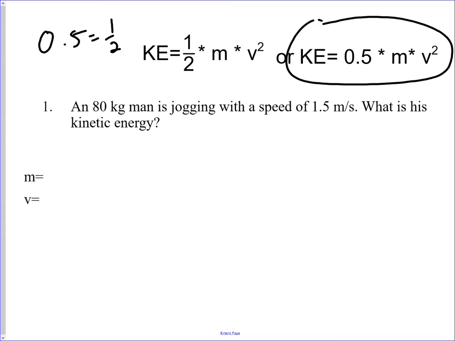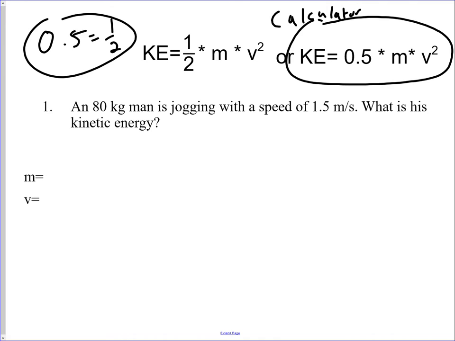They're equal, these things are the same thing. Sometimes it's tougher to put that into your calculator, so this is what you would type in your calculator. Okay, so they mean the same thing. I think this would be an easier way of doing it to help you guys when you're using the calculator to find the problem.